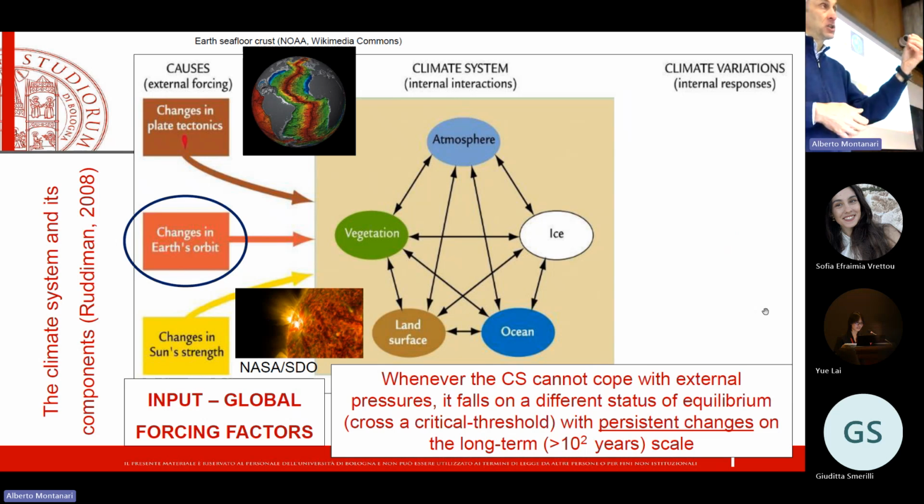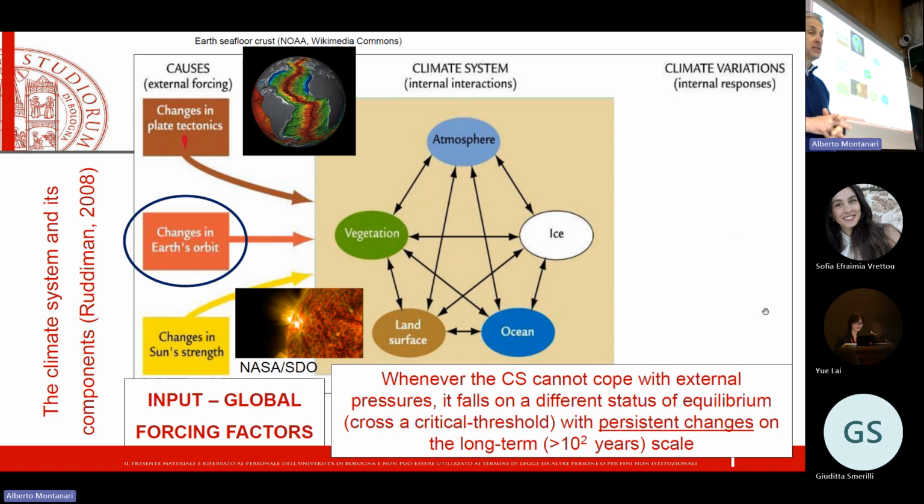And even a small change in the Earth's orbit, which may be caused by different reasons, not only the impact of an asteroid, maybe also a change in the internal circulation of the nucleus, maybe many other things, may produce climate variations.